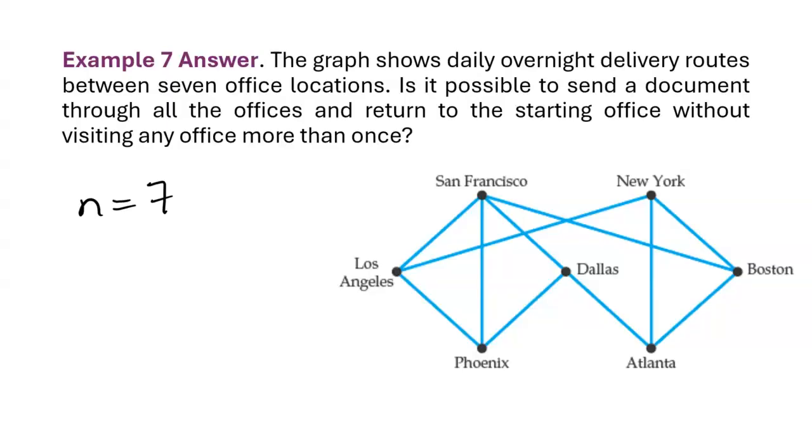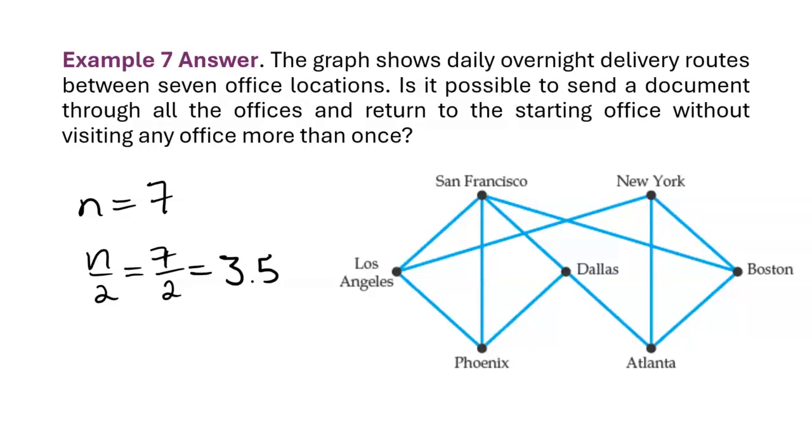And to see if it's possible, to use Dirac's result, the first thing I needed to look at is how many vertices I have. If you count all of the cities, it's 7. Then remember that you're supposed to divide by 2. So 7 divided by 2 is 3.5. Now I need to check that all of my vertices are at least of degree 3.5.